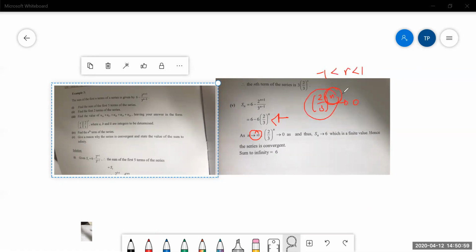So if we know that (2/3)^n is going to be 0, then what will we get from Sn? Sn will be equal to 6 minus 6 times 0. Then what is 6 minus 6 times 0? 6, exactly.